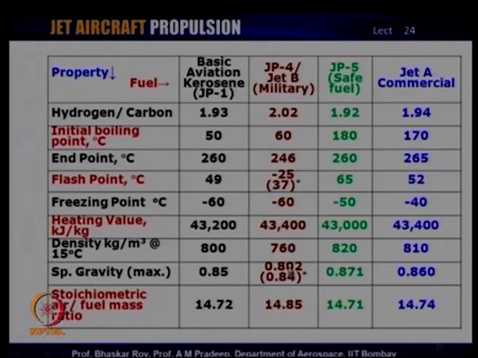Density is of the same order. As you can see here, the density of the commercial fuel is a little on the higher side for economy reasons, and the stoichiometric values are of the same order for various fuels.